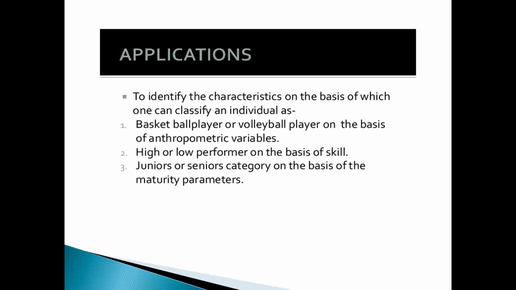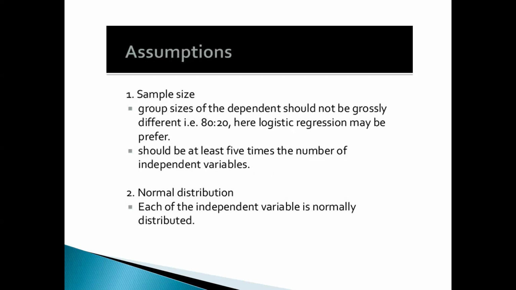Or we may classify a group as high or low performer on the basis of skill, so skill variables we have to define. Or junior or senior category on the basis of maturity parameters. We have to define the effective maturity parameters first, and on the basis of that we will classify the persons as junior or senior.